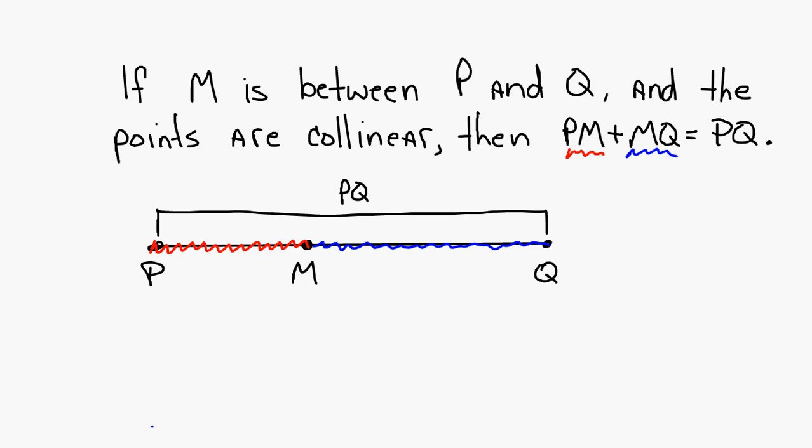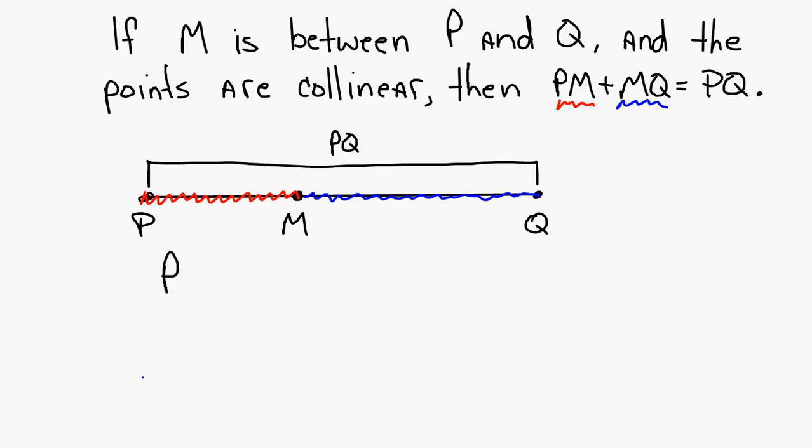Let's do it with subtraction. PQ minus P to M. What's that going to be equal to? P to Q, PQ minus the red piece.